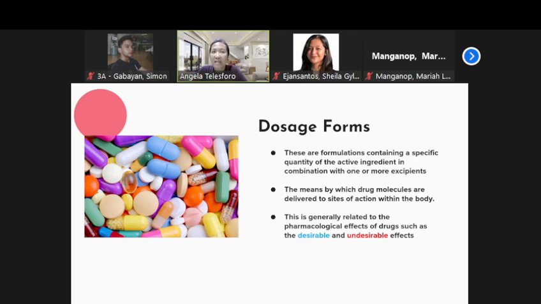Always remember that all drugs have desirable and undesirable effects. So, wala tayong drugs na walang undesirable effects. Lahat meron. Okay? Because it comes with it. Innate characteristic of the API.